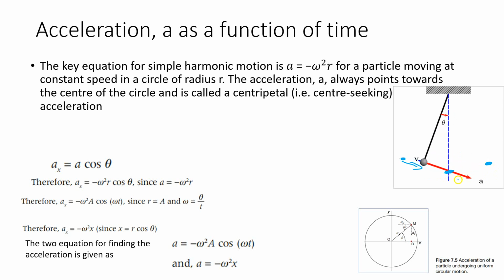When the object is passing through the center, the velocity is at its largest, meaning the arrow is at the largest size, but when it reaches over here, it decreases. For the acceleration as well, the size of the arrow matters. When the object reaches this side, the acceleration is at its highest, which tells us that acceleration is directly proportional to displacement.